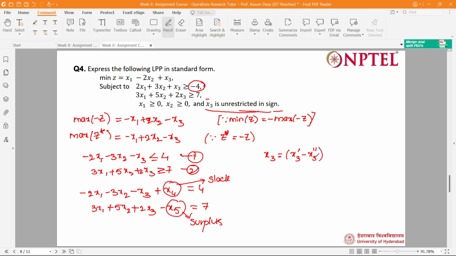Then we have to replace x3 with the difference of these variables in the entire problem: x3 dash minus x3 double dash plus x4 equal to 4, and 3x1 plus 5x2 plus 2 into the difference.